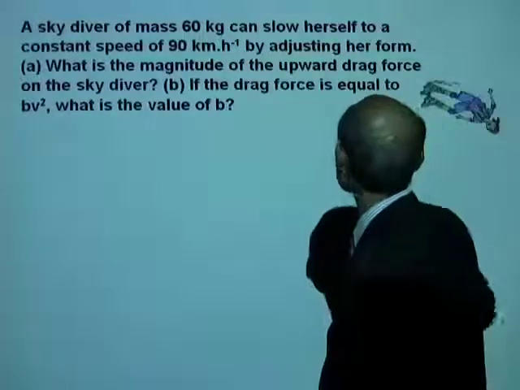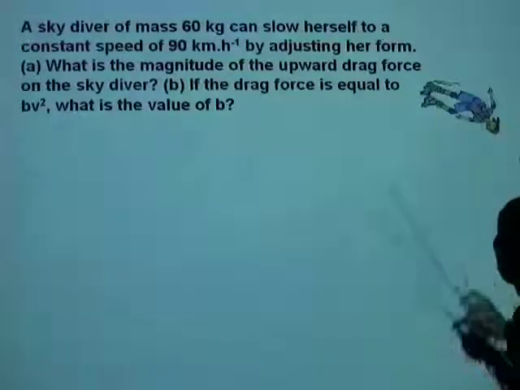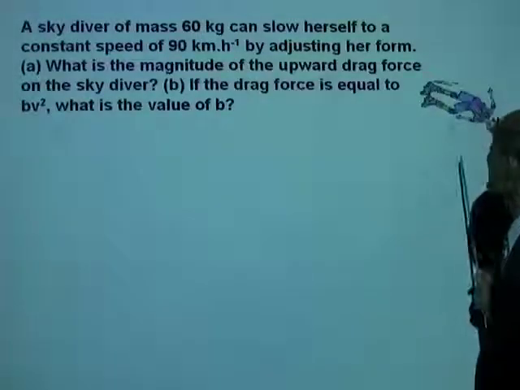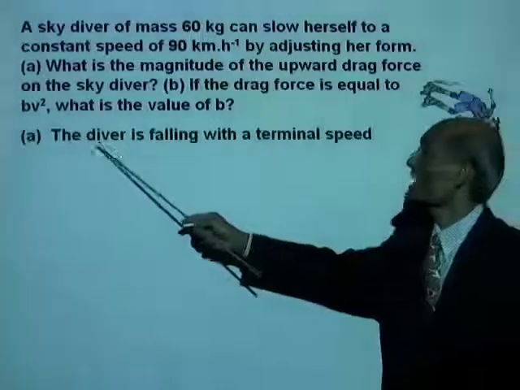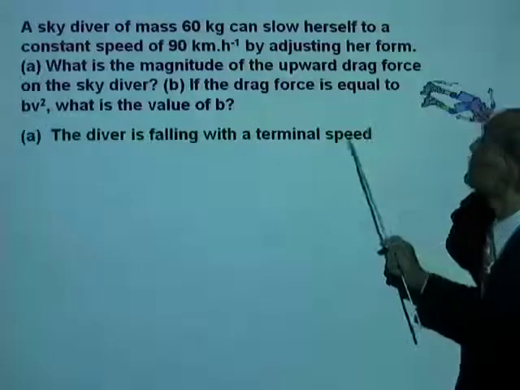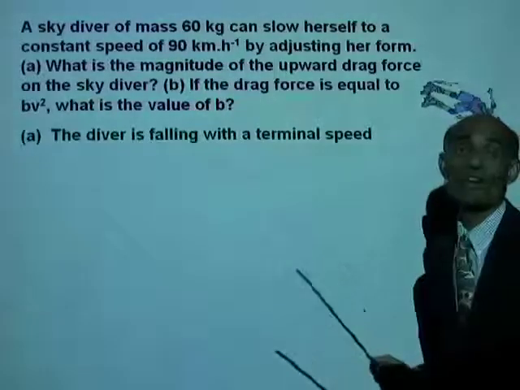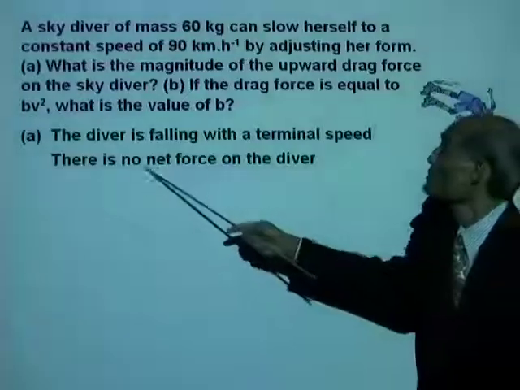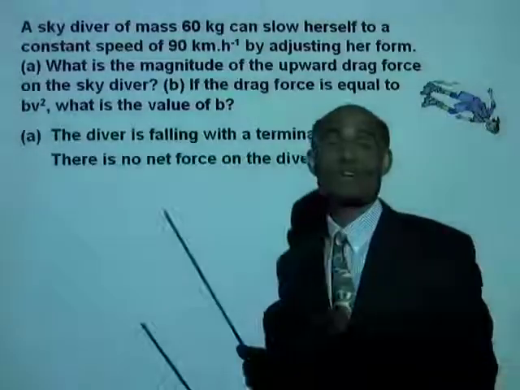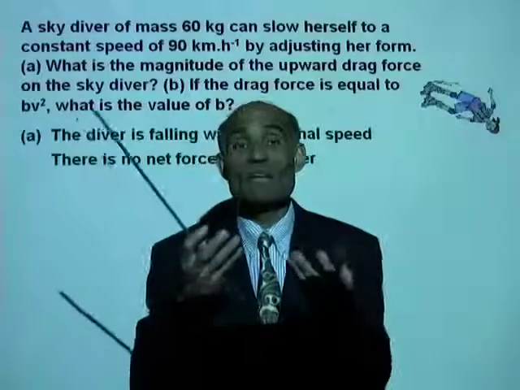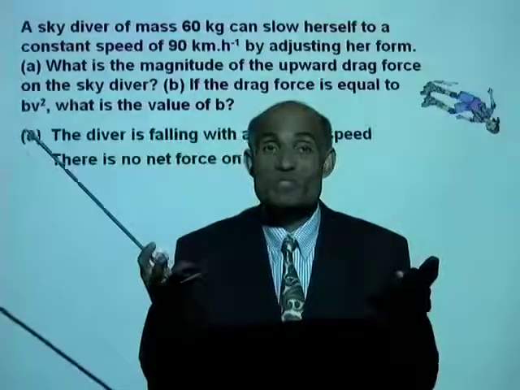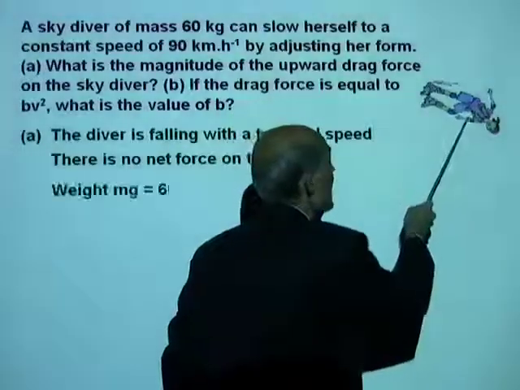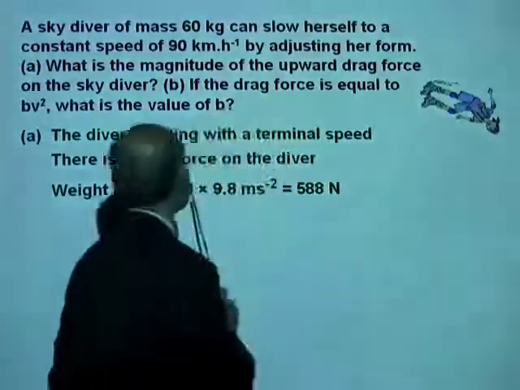Alright, let's do that. Now here's the skydiver. Well, I got a poor picture for her, but I think you will excuse me for that. The diver is falling with a terminal speed of 90 km per hour. There is no net force on the diver at that time. When the speed is the terminal speed, there is no net force. That means the weight acting on her, what is her weight?